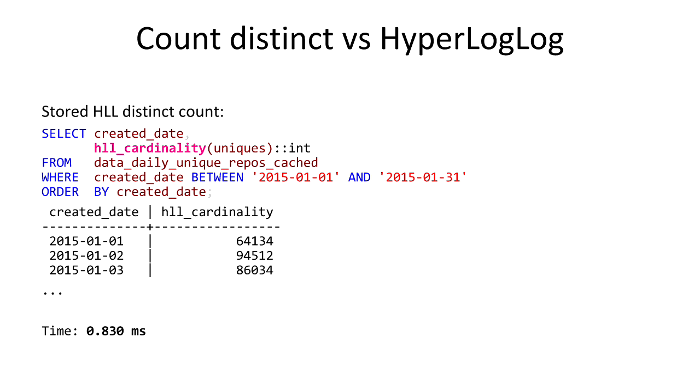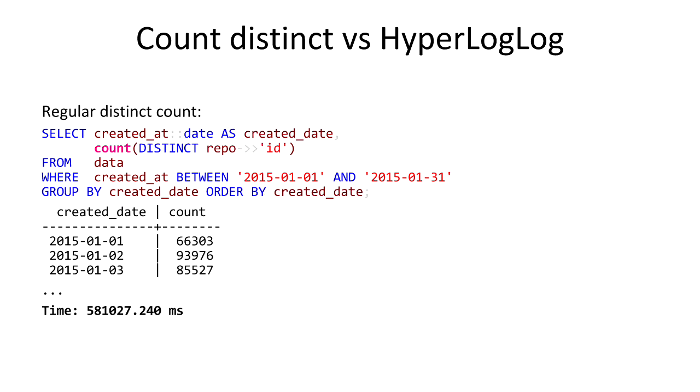We can put a filter on it, like I only want to see the last 7 days maybe. Again, you probably want to order by created date. And this gives us an estimate for the number of distinct repositories that we're seeing on that date. Now, you may have noticed they're not quite the same numbers because HLL gives an approximation.